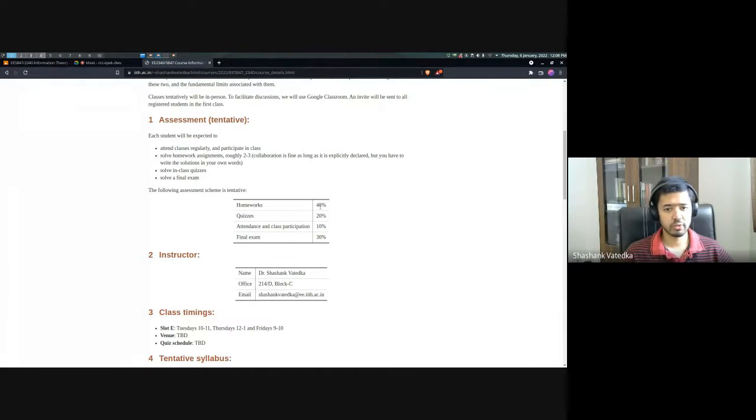But overall, we will follow this assessment scheme. There will be 2 to 3 homeworks, and this will be 40%. You'll have short quizzes in class, which will count to around 20% of the grade. Your class participation and attendance will account for 10%, and the final exam will have roughly 30% of the grade.